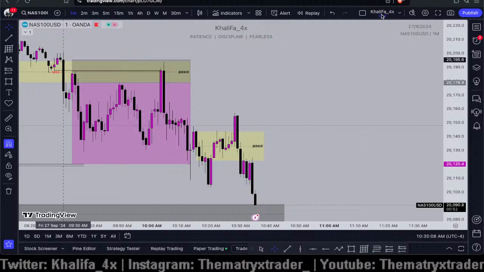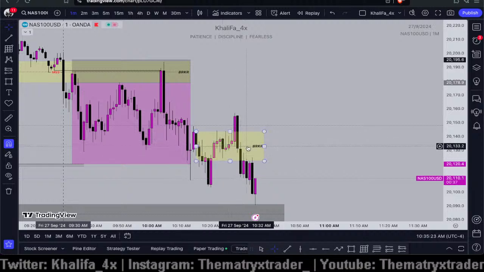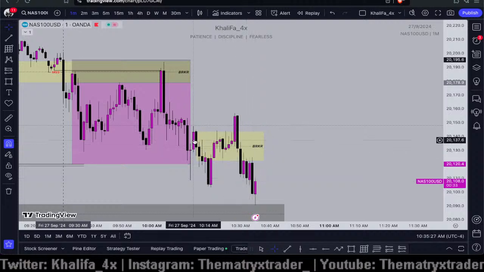Yeah, I was right about this breaker. But why did I not take the trade? Because I'm expecting price to come till this and hit the, because this candle is in the consequent encroachment level for this breaker.